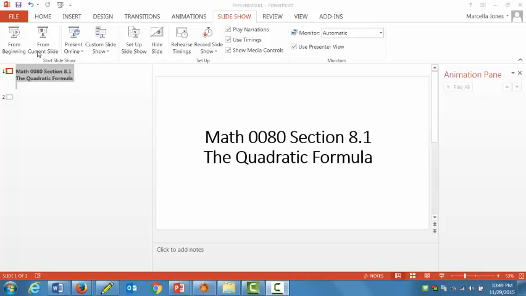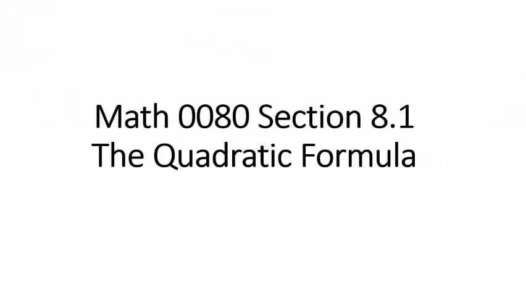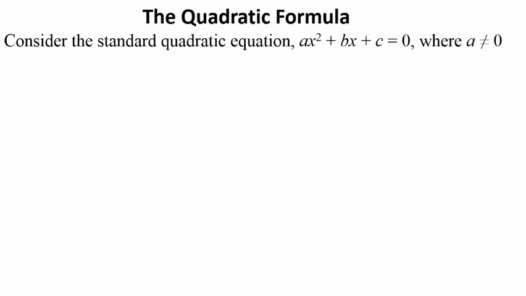Let's take a look at the quadratic formula, the final topic in section 8.1. We began considering the standard quadratic equation ax squared plus bx plus c equals 0, where a is not 0.